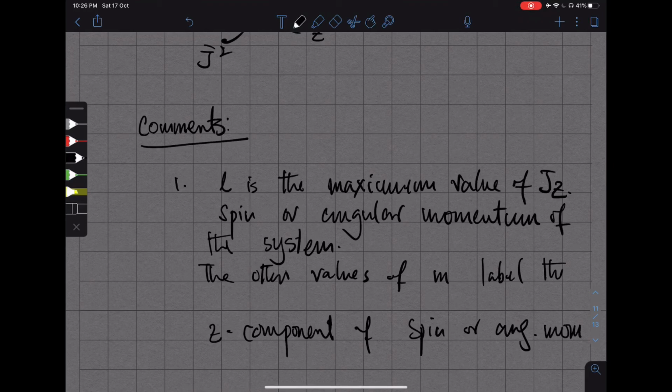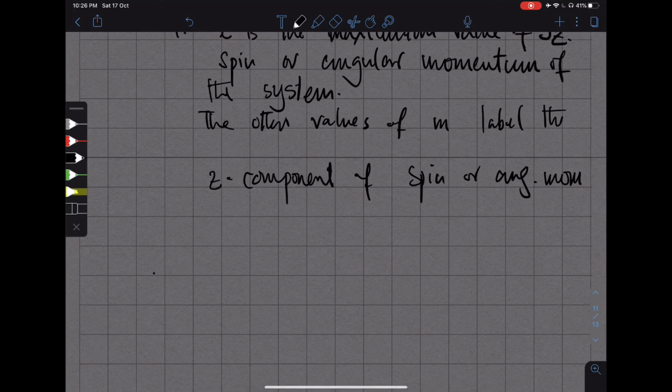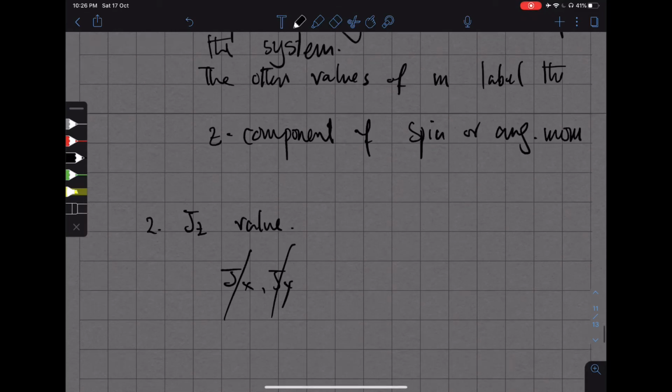So in some sense, L gives you the total angular momentum, and the M value just gives you one component of the angular momentum. The next comment is that when we know the Jz value, it doesn't make sense for us to talk about, say, the Jx and the Jy value. These don't make sense.